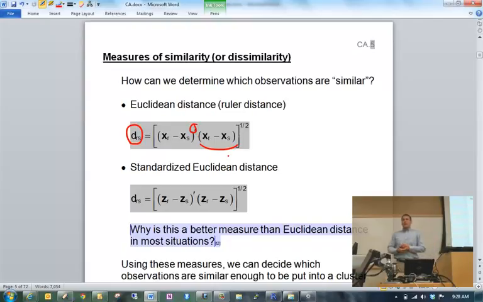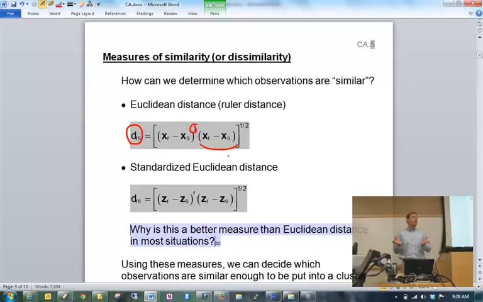Observations that are more similar to one another will have lower d sub rs values. Observations that are far apart, less similar to one another, will have larger d sub rs values. Now there is a particular problem with using Euclidean distance, and that is, suppose that you have observations measured in different units.